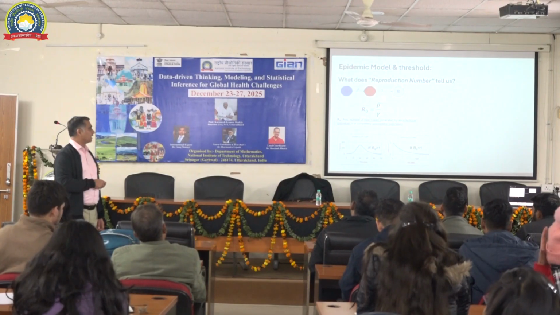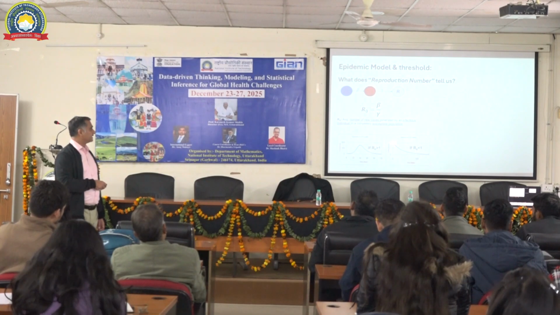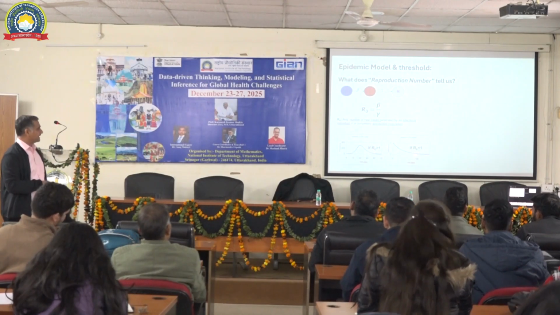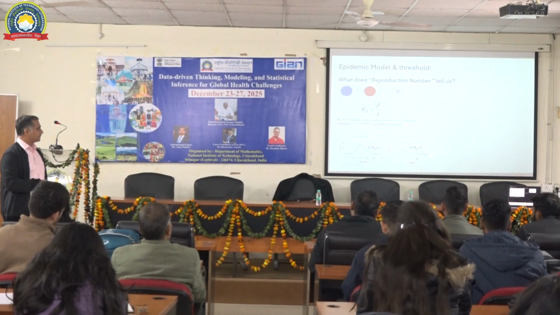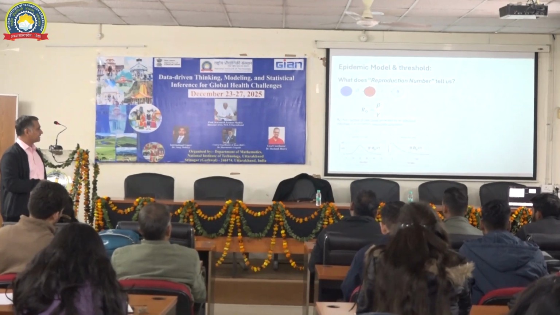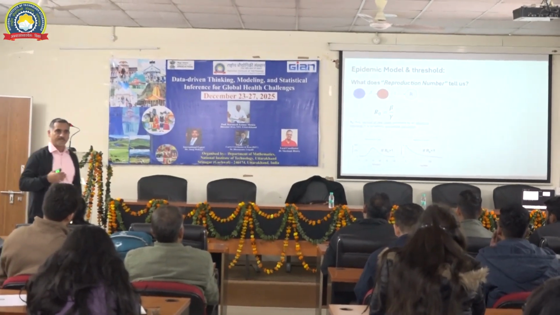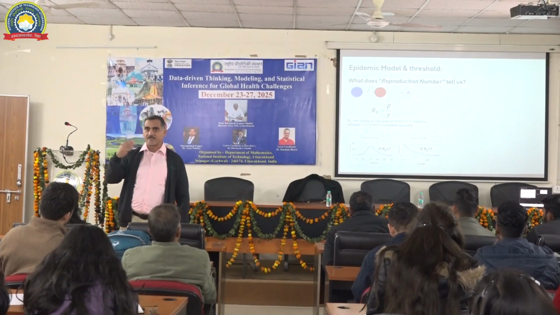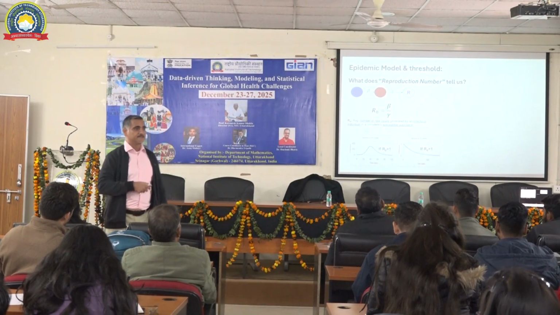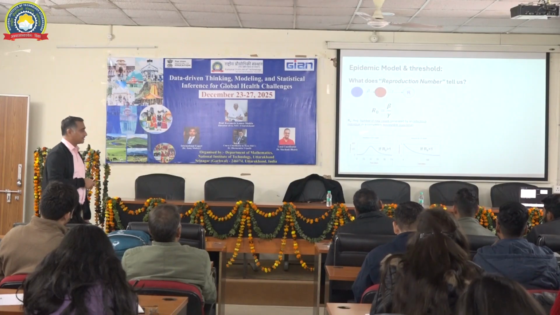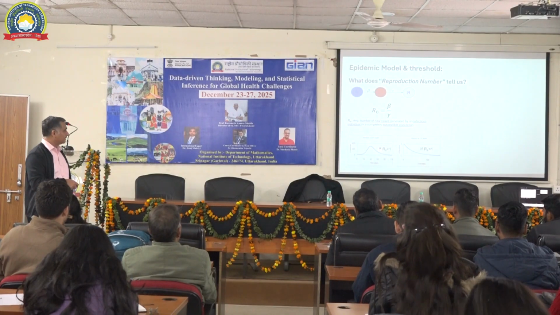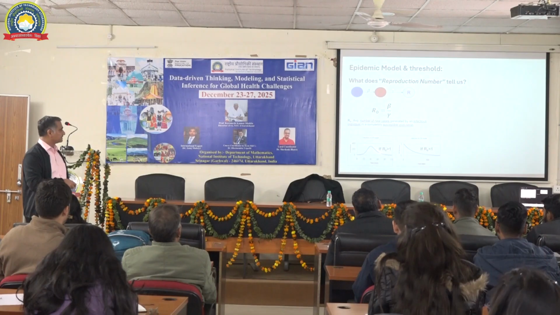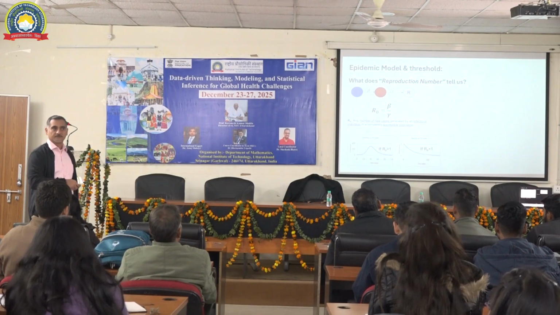If the ratio is less than 1, the disease dies out. If this ratio is greater than 1, one infected person is replacing himself or herself with more than one person, and then there will be an outbreak. That is what it means here. If R0 is greater than 1, there is a peak, and if R0 is less than 1, it decreases and goes to 0.